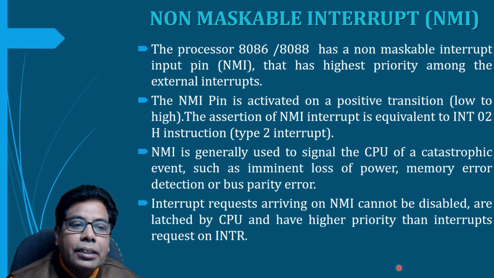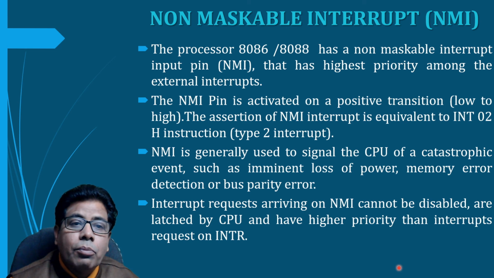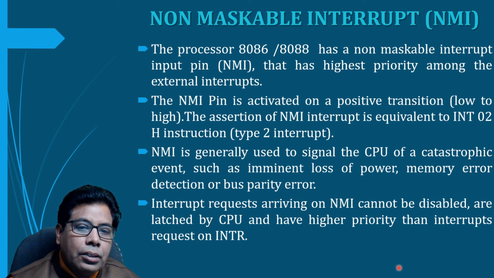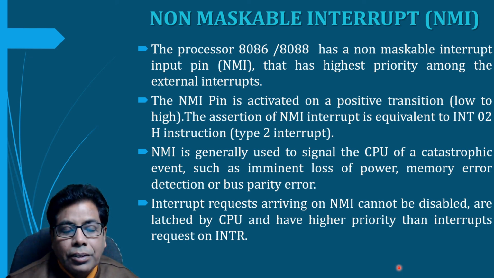We are activating the interrupt that is non-maskable. This signal is generally used by the CPU for emergency events such as loss of power, memory error detection, or bus parity error.